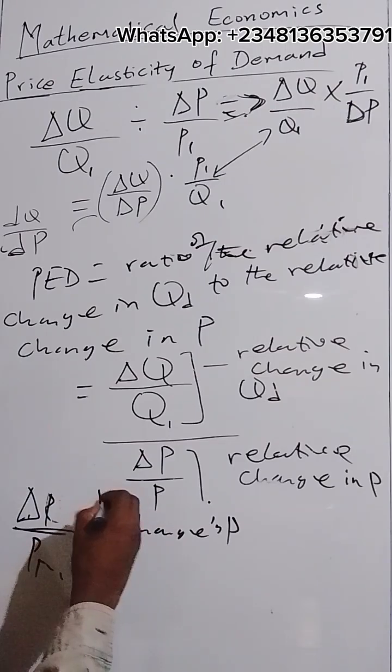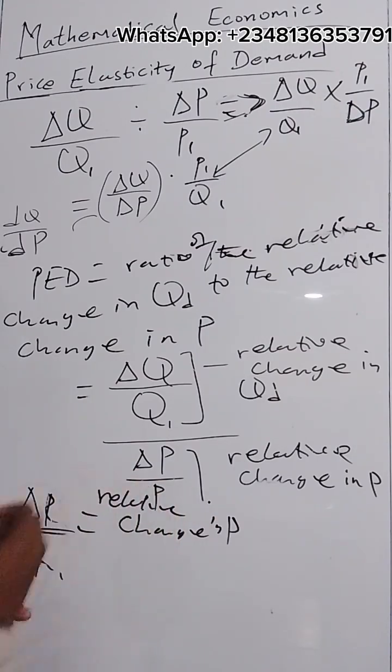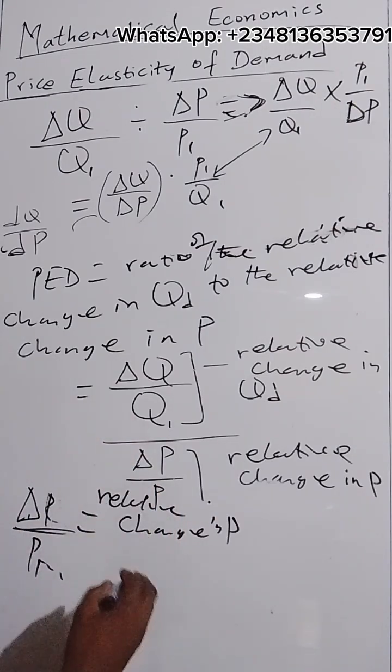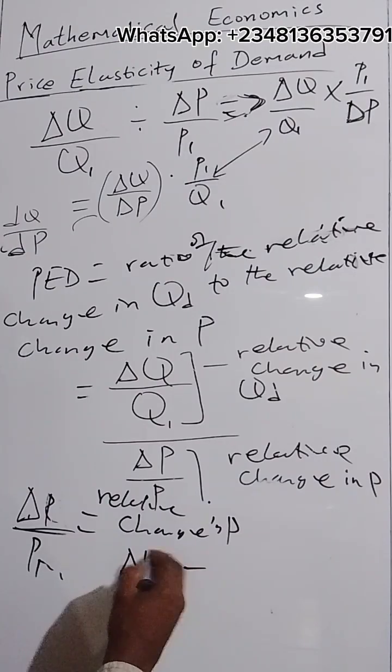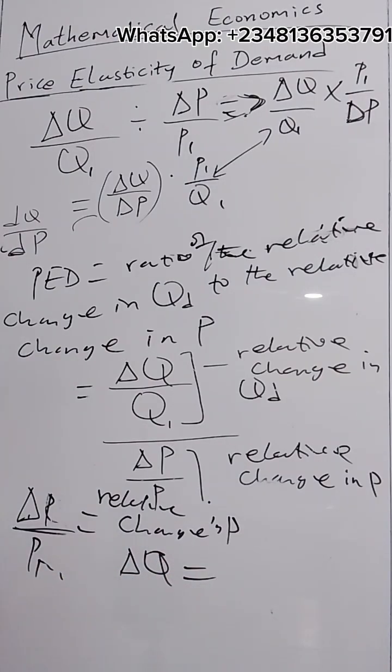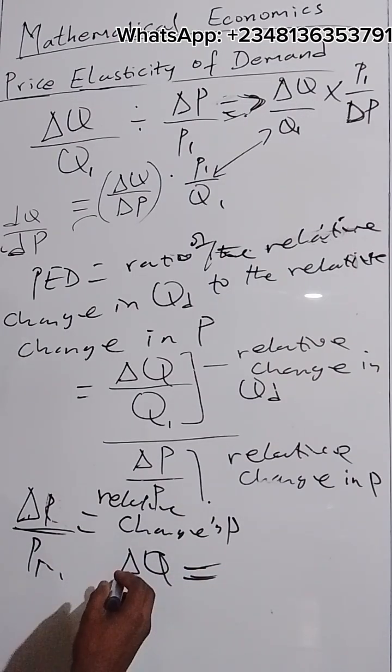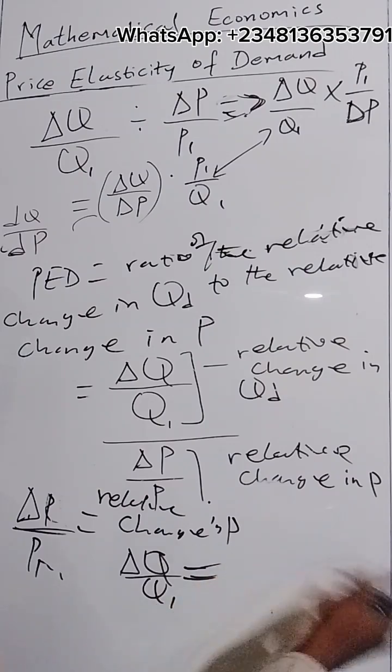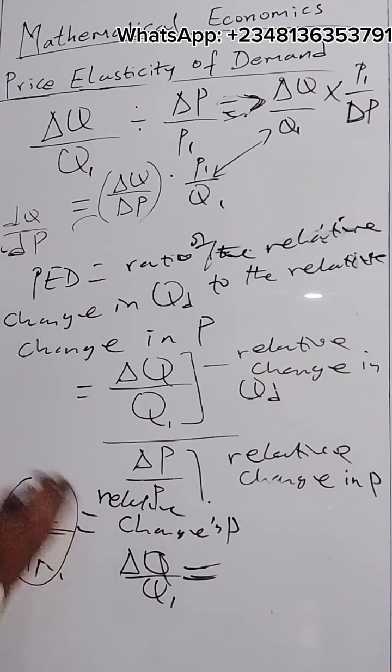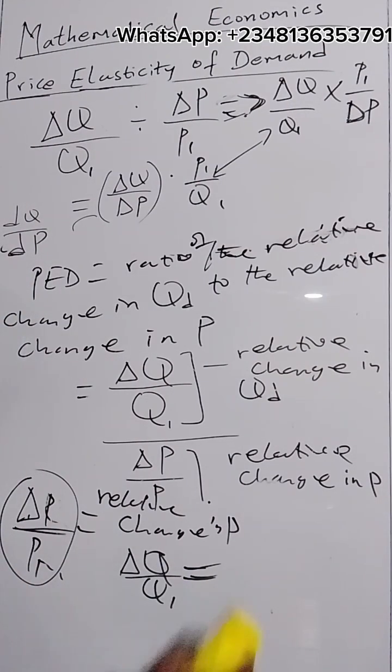It becomes relative change in P. In other words, just change in Q here, we call absolute change in Q, or simply change in Q. But once it is divided by Q1, the initial Q, it becomes relative change in Q. Ditto for change in P, which is also known as absolute change in P. Once it is divided by P1, the initial P, it becomes relative change in P. Hope you are following.